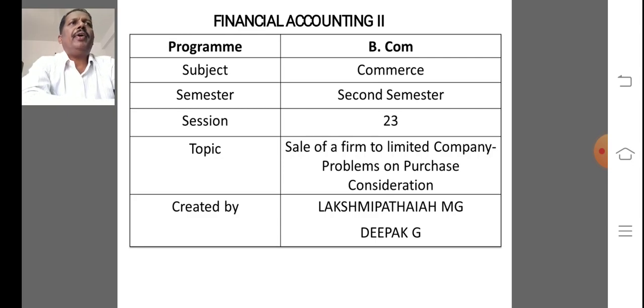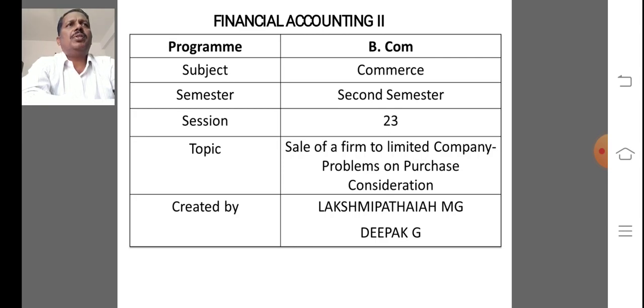The following are the steps involved in accounting for sale or conversion of a firm into a company. There are 4 steps.